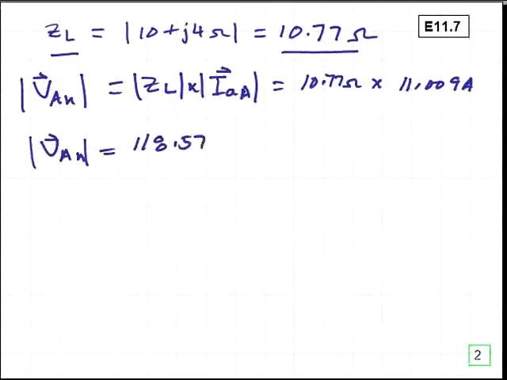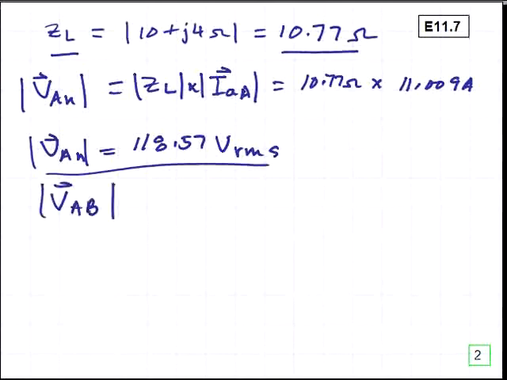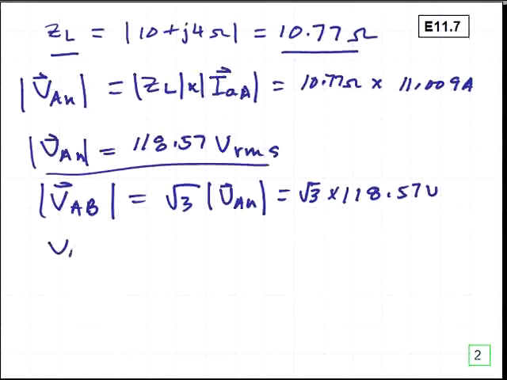118.57 volts RMS. Now we're asked to determine the line-to-line voltage, so we'll have that VAB, that's the line-to-line voltage between the terminals A and B at the load end, will equal the square root of 3 times this phase voltage at the load end, and that will equal the square root of 3 times 118.57 volts, or VAB will equal in magnitude 205.4 volts.